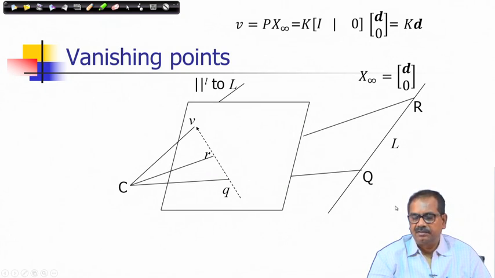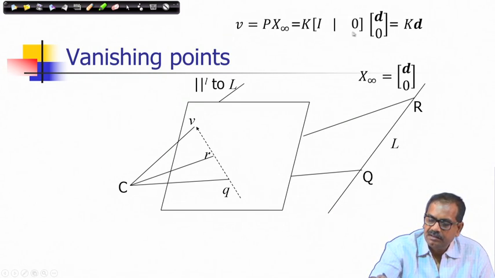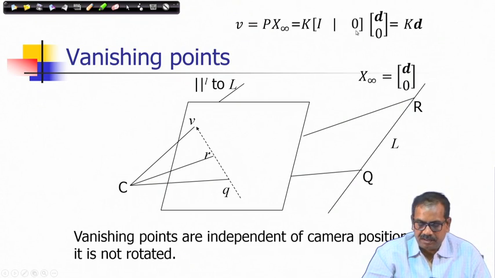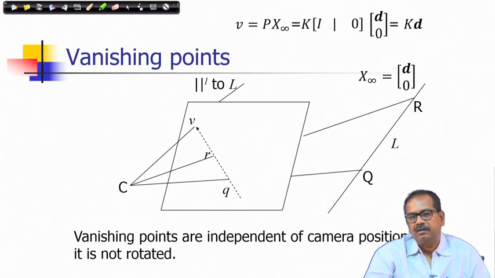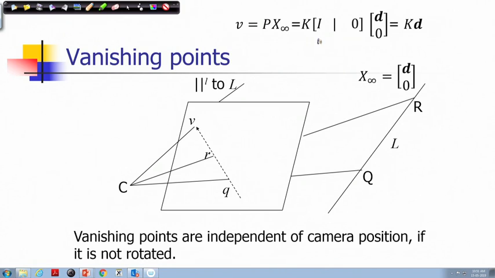Now, if you note, the vanishing point is independent of the translation, or independent of the position of the camera center. If it is not rotated, as you can see from the transformation matrix, here we have taken only the identity matrix, which means there is no rotation. The orientations of the axes remain the same, only you may translate the camera.